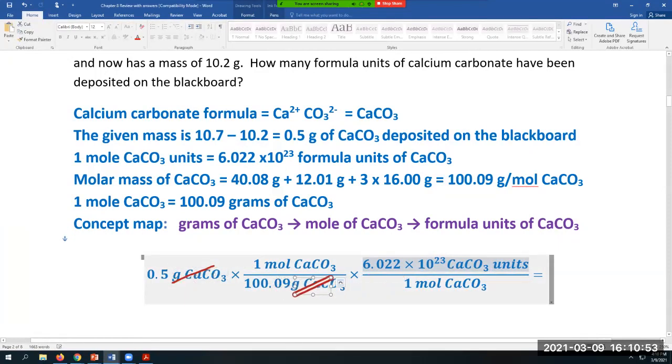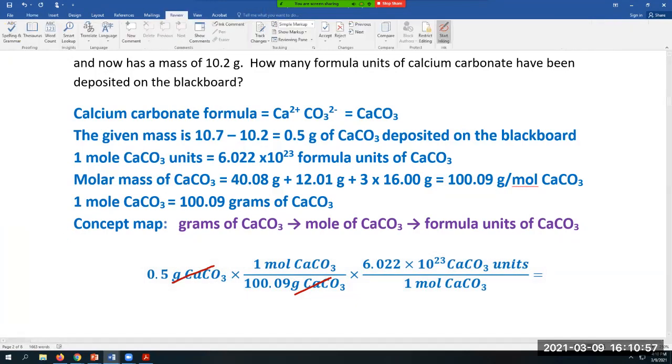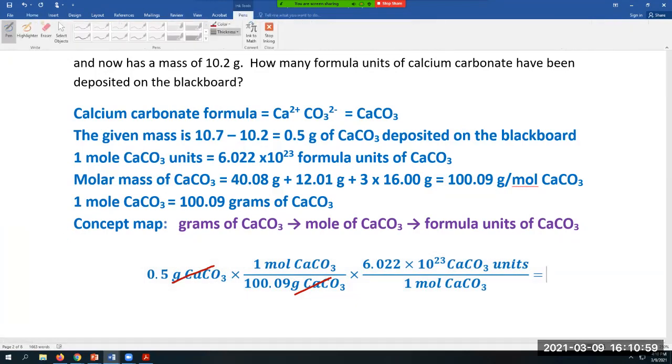And this way you can see that the units of moles of CaCO3 cancels, right? And we're left with units of calcium carbonate, which is what we want, right?